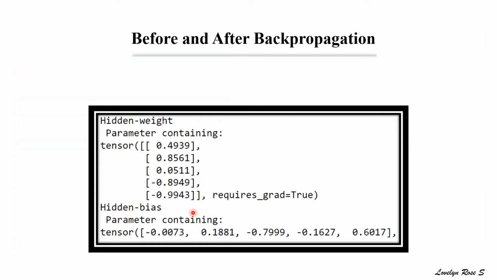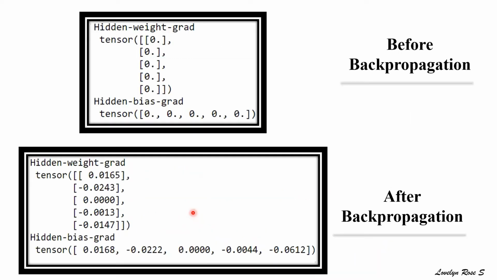If you look at the weight and bias in the hidden layers, before and after loss.backward, the values will be the same, because loss.backward only calculates the gradient. It does not touch the values of the weight and the bias.